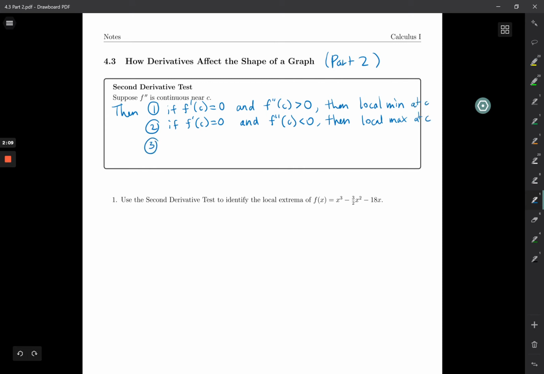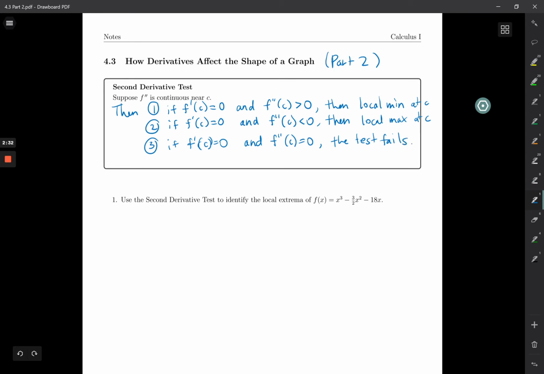And then the third case is if the second derivative is equal to 0, so the first derivative is equal to 0 there, and the second derivative is equal to 0. When this is true, the test fails.